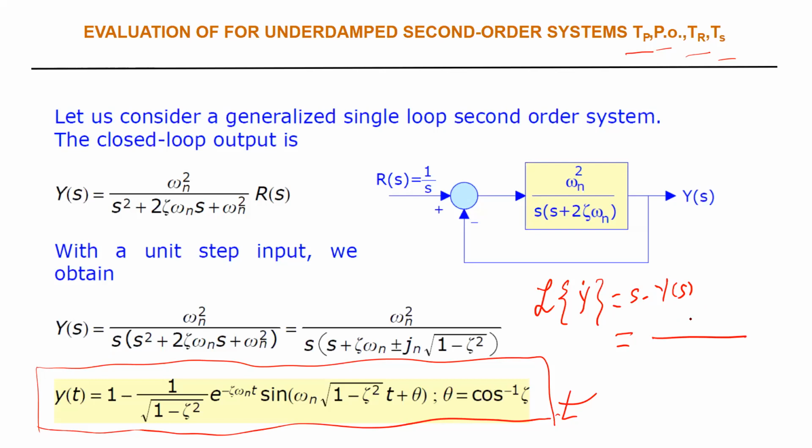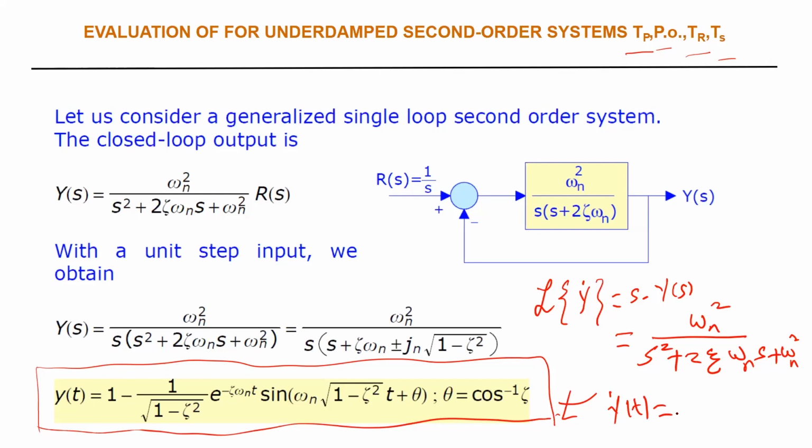I will get omega n square over s square plus 2 zeta omega n s plus omega n square, isn't it? So what is it in the time domain? What is y dot of t equal to?